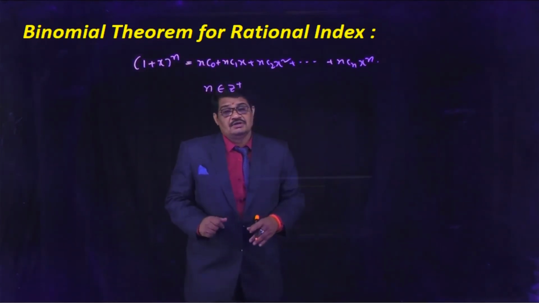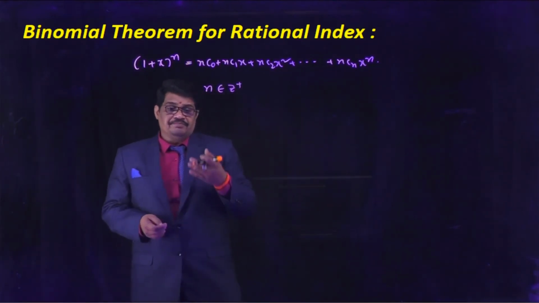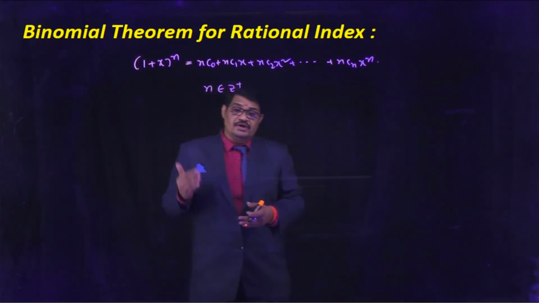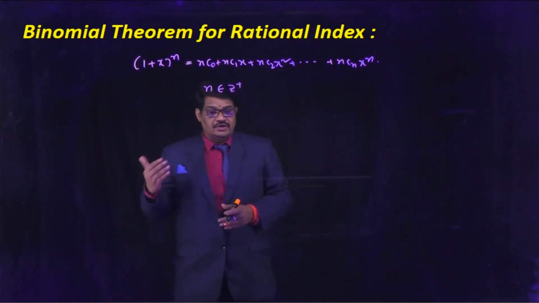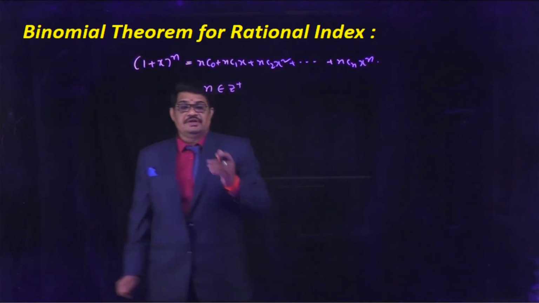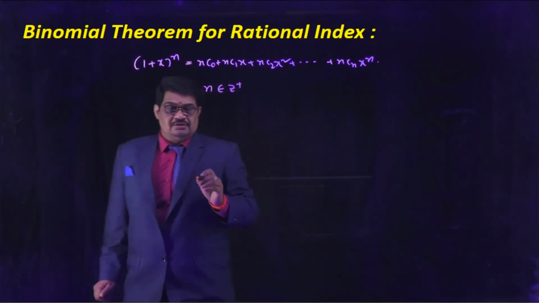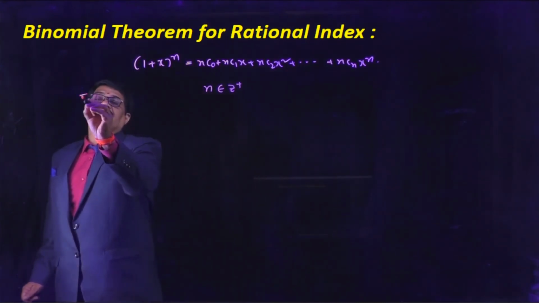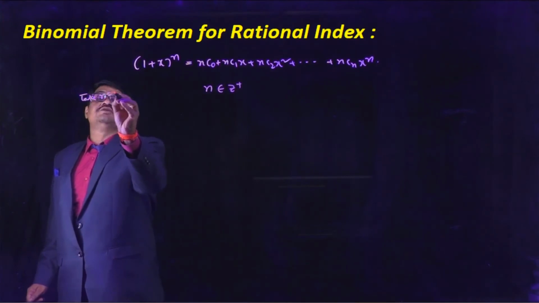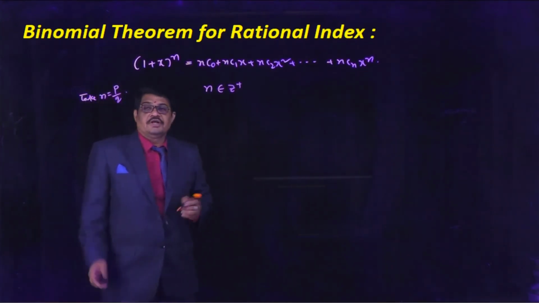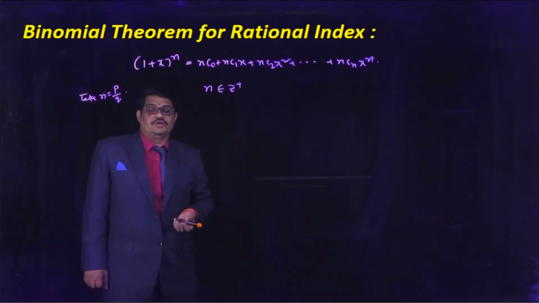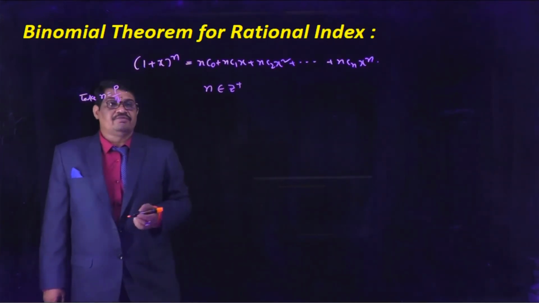In this session we are discussing the binomial theorem for rational index. What is the binomial theorem for rational index? In that, we take n as a rational number, p by q. We take n equal to p by q, then we get the formulas.